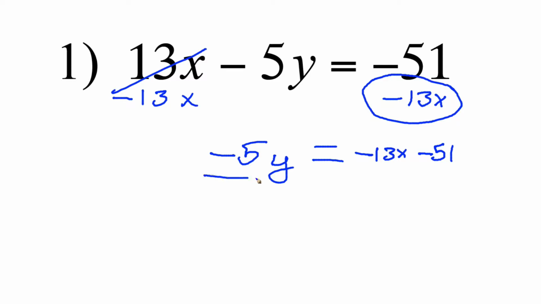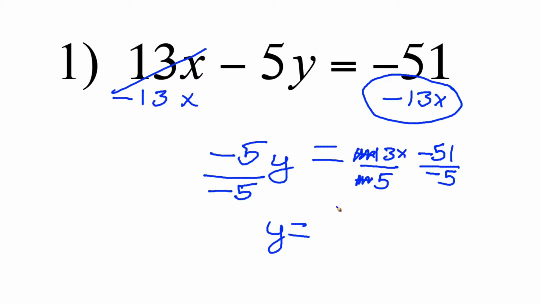Next step is to divide by whatever's in front of the y. And you just divide everything, leaving us with y equals, and the numbers don't cancel, but we can cancel out the negatives. A negative divided by a negative is a positive.